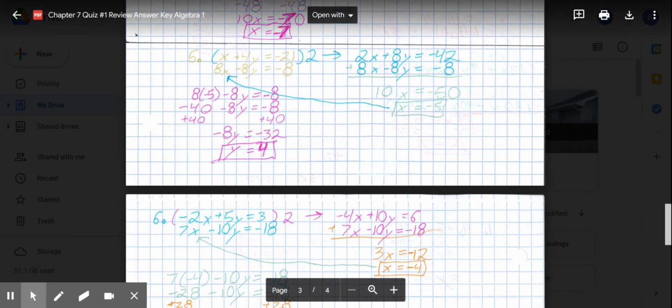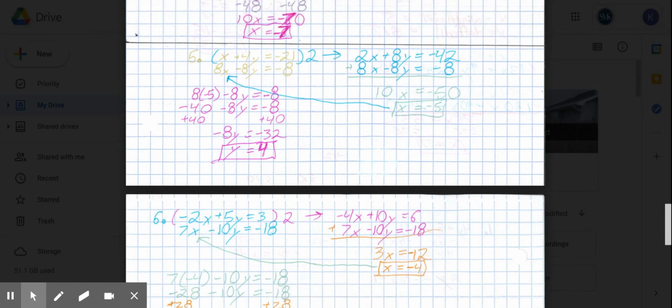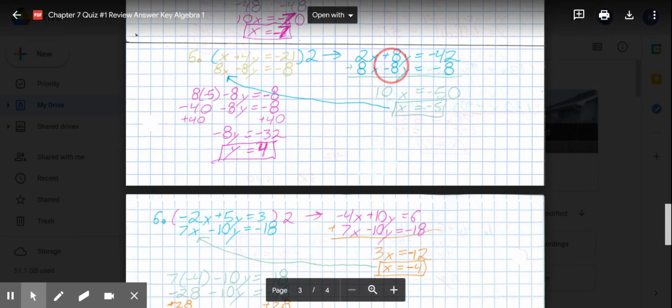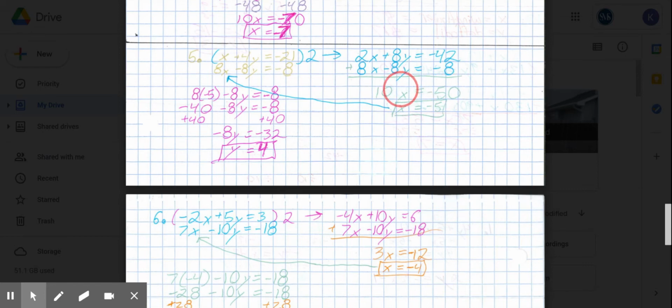So on top, I'd have 2x plus 8y equals negative 42, and on bottom, 8x minus 8y equals negative 8. So the positive 8y and negative 8y cancel when we add these. 2x plus 8x is 10x. Negative 42 minus 8 is a negative 50. Divide both sides by 10, and x equals negative 5.